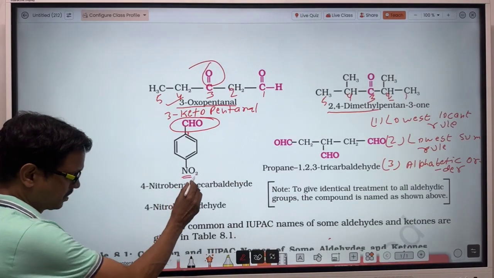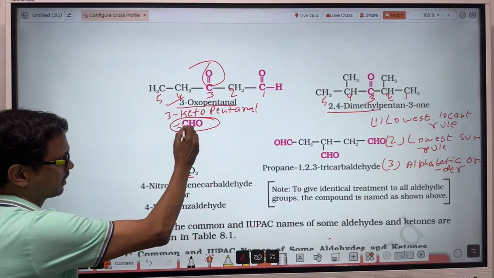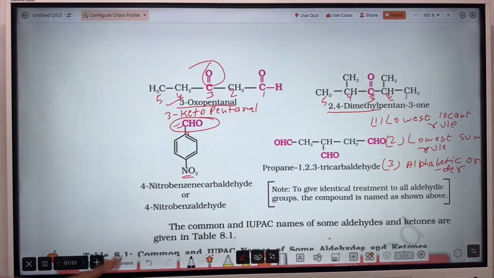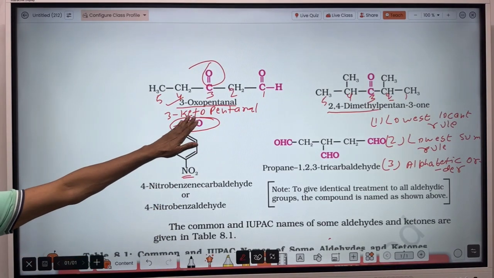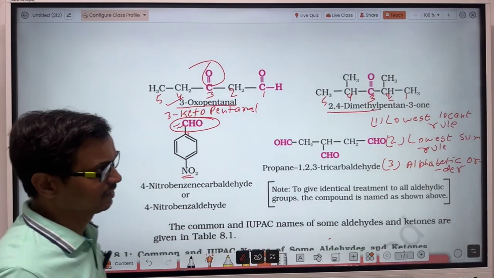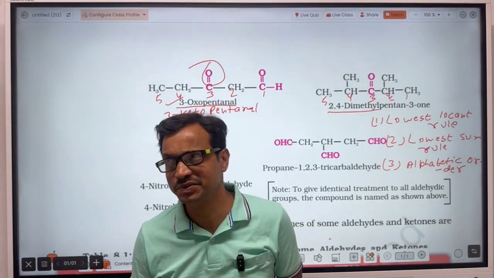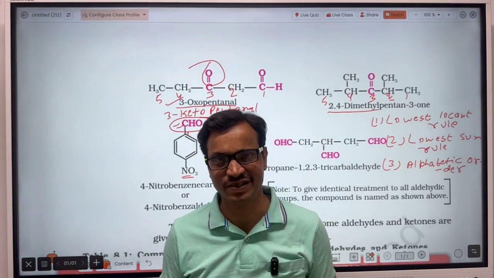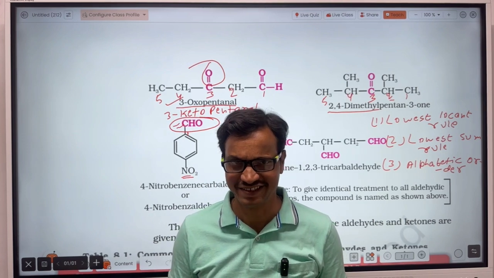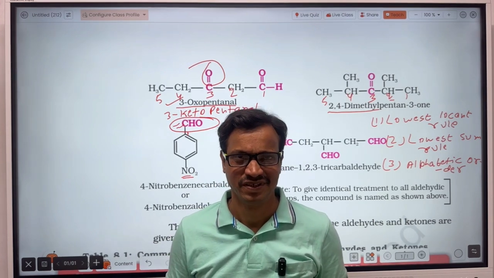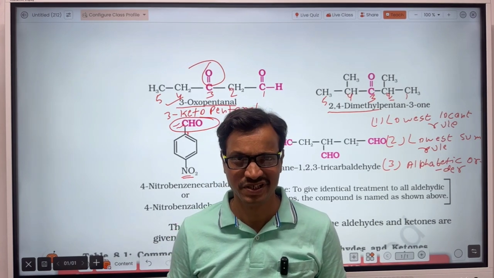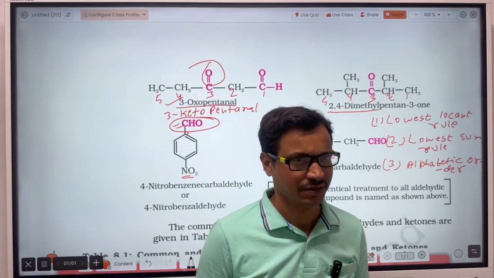So you will have to give position to this NO2 and the position of carbaldehyde. The carbaldehyde is more senior than NO2, and for the aldehyde we use the suffix, and for the nitro group we use the prefix. So obviously NO2 is much junior than carbaldehyde.